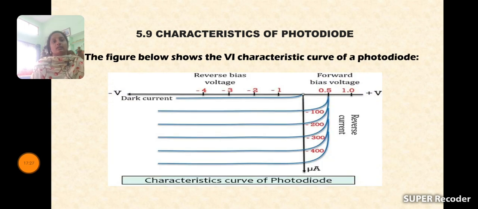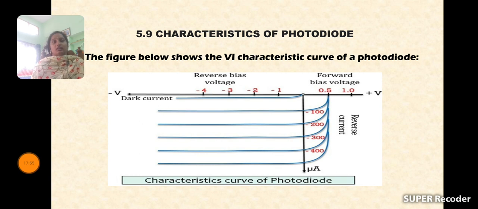And see here, these are the VI characteristics of photodiode. The name itself indicates, VI characteristics means what? Voltage and current characteristics are called VI characteristics of photodiodes. Here V indicates voltage and I indicates current.